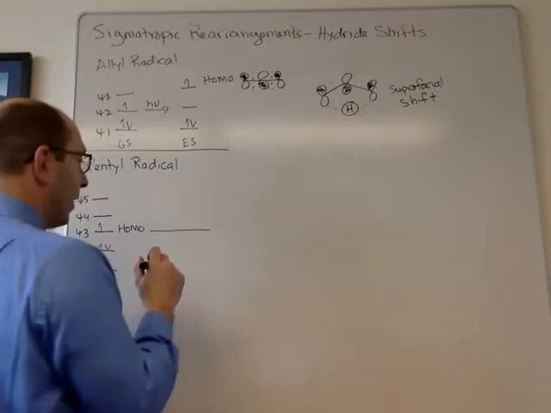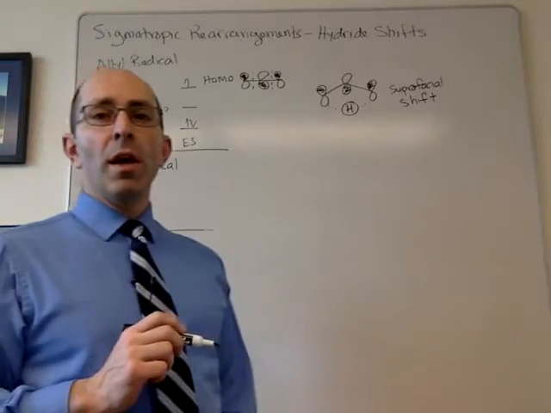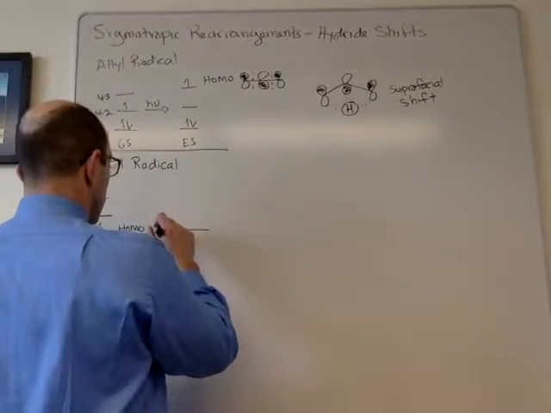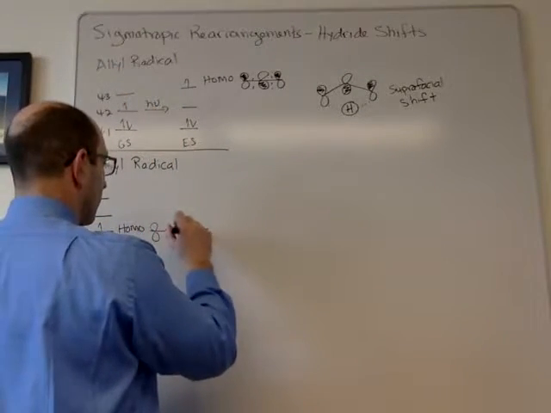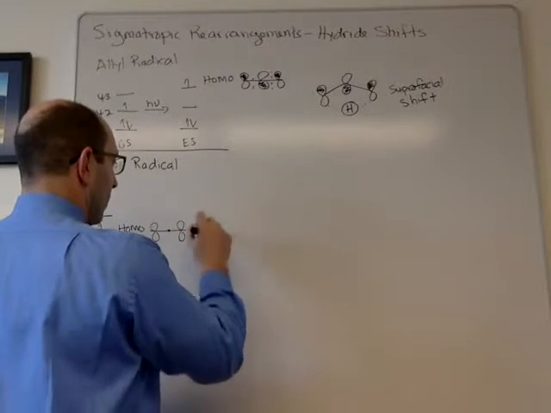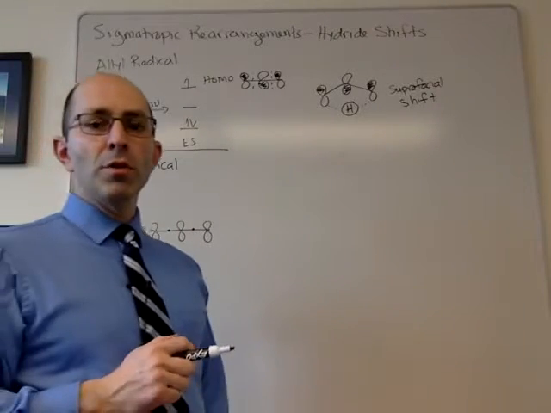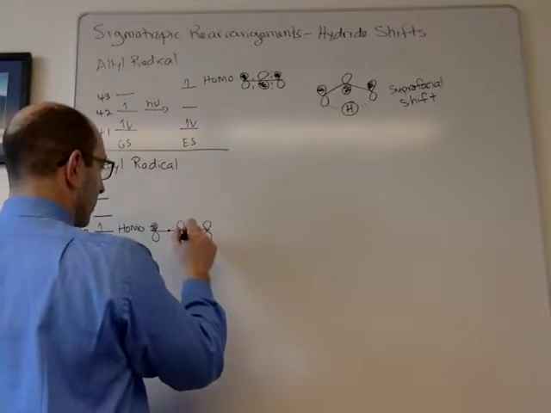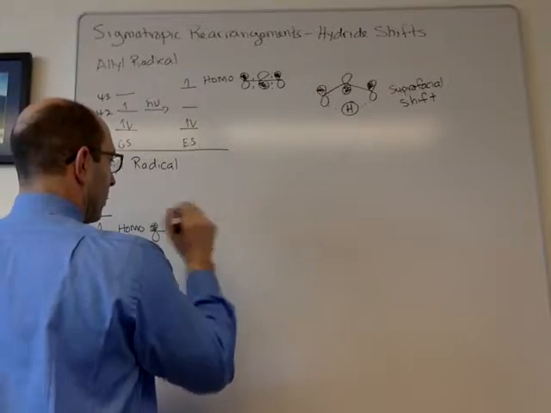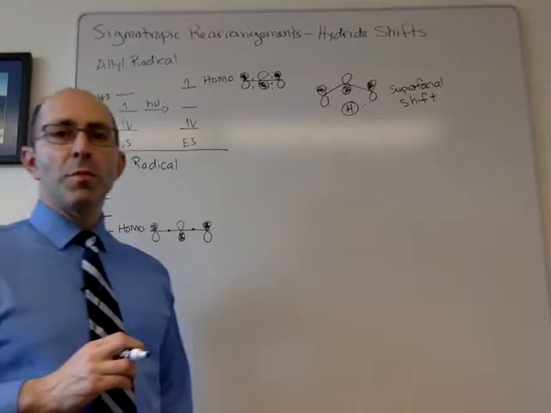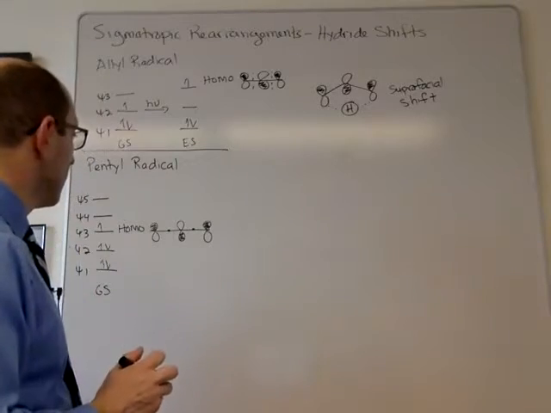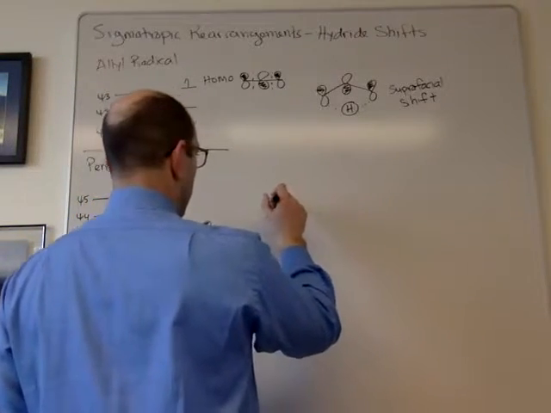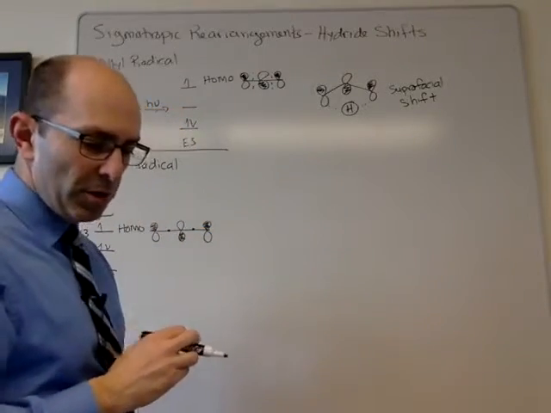So if we think about that, we're going to have 2 nodes. And with an odd number system, the 2 nodes are going to go through 2 atoms, right? So what this will look like is this, where we have nodes going through 2 of the atoms. And so we can fill in the signs of the orbitals, and that's going to be our HOMO, all right? So if we draw out what this is going to look like, we try to draw this correctly.